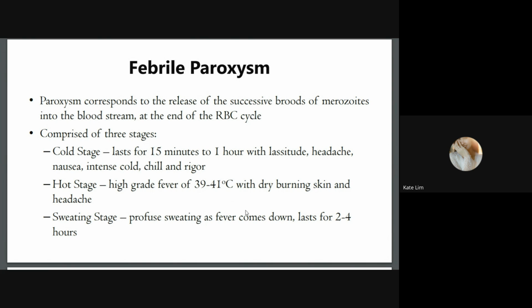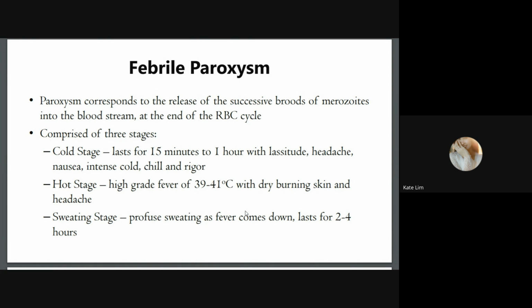This is actually the body trying to fight back the infection and control the spread of the parasite, but the fever is part of the battle. If you go back to anatomy and physiology, in every infection the fever tries to fight back the infection by increasing the body temperature. This is one way of fighting the infection.